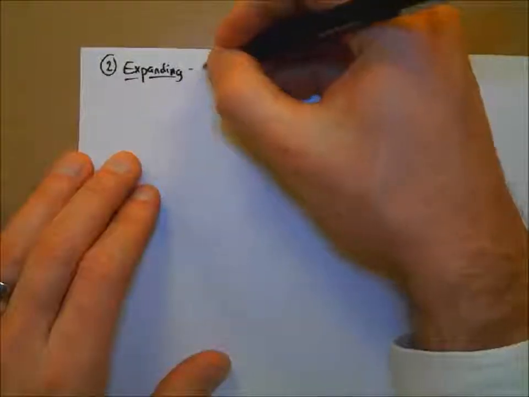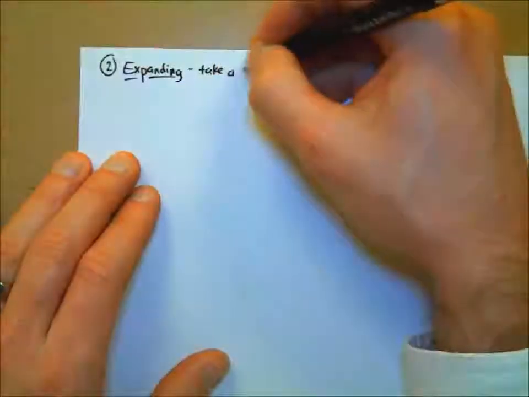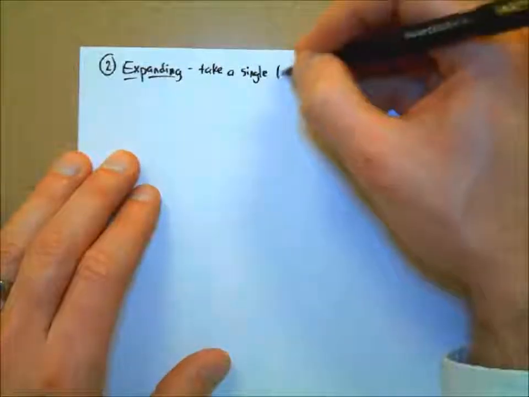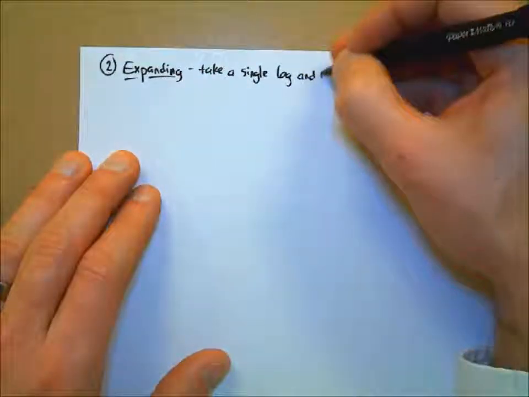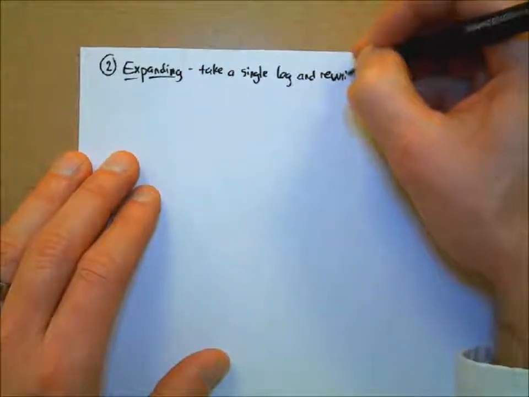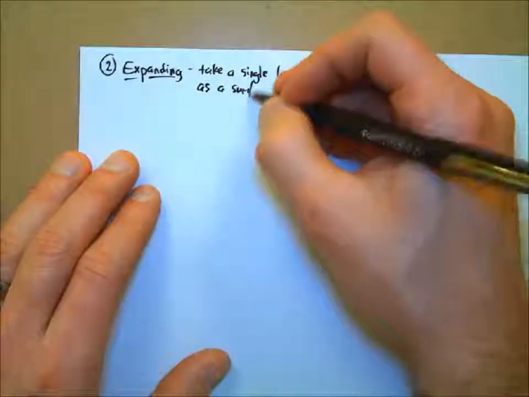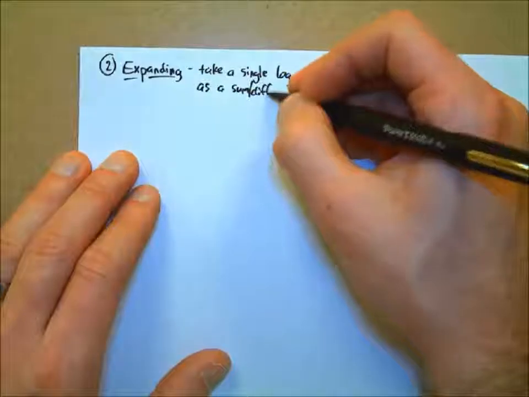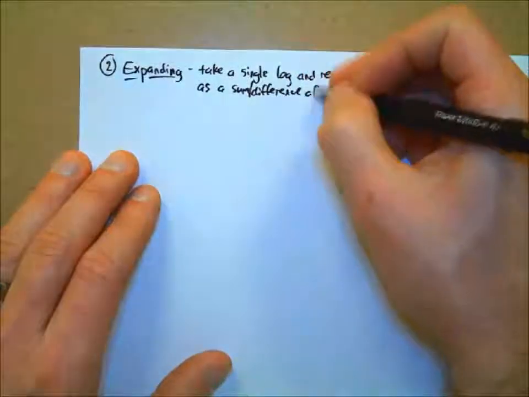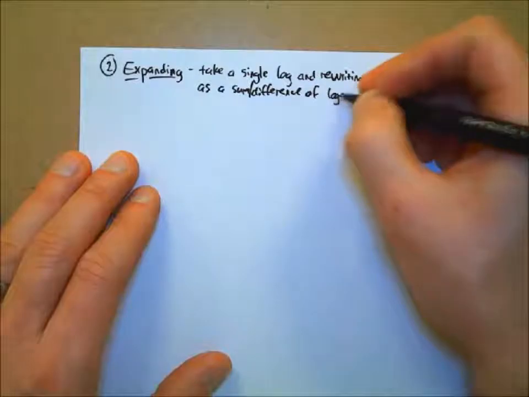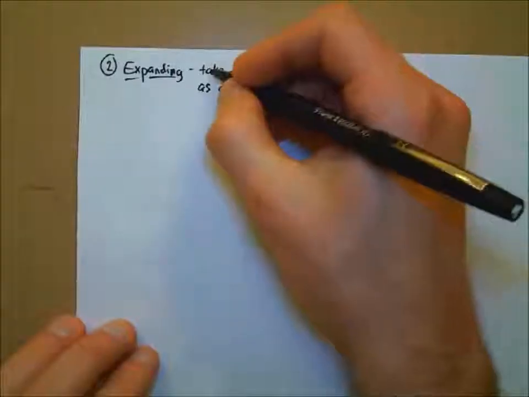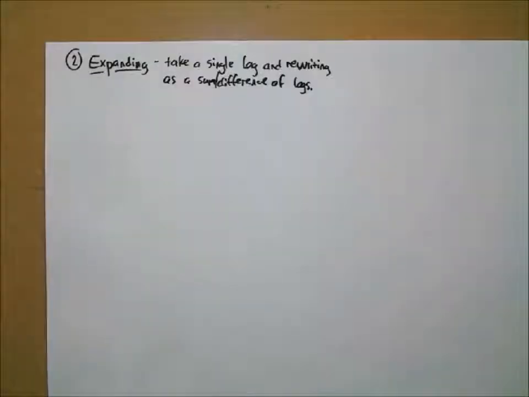Okay. So taking a single logarithm and rewriting it into a product or sum of logarithms. Okay, so taking a single log and rewriting as a sum or difference of logs.